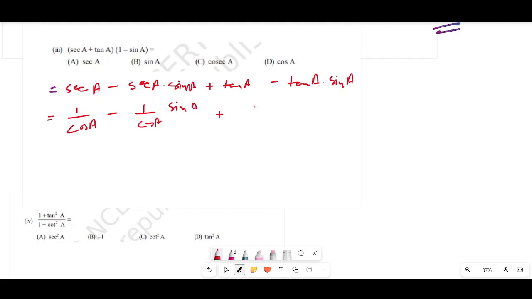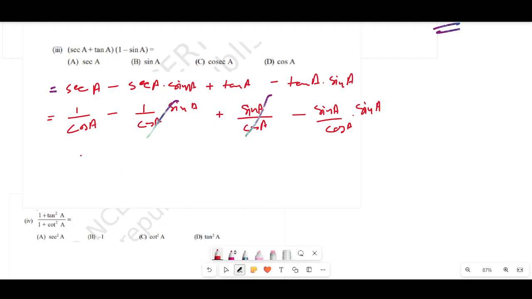This is sin a cos a minus sin a upon cos a, here sin a. Clear? Now this will be cancelled out. This will be cancelled out. Clear? This will be 0. Here will be remaining.